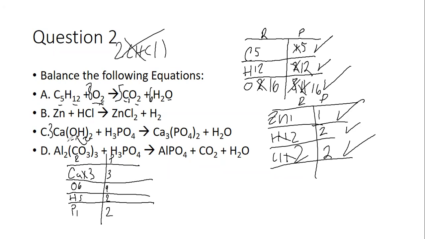So that compound on the left has 6 oxygen plus 4 oxygen is a total of 10 oxygen on the left now by putting that 3 there. And we have 3 times 2 hydrogen, which is 6 hydrogen, plus 3 hydrogen. So 6 plus 3 is 9.